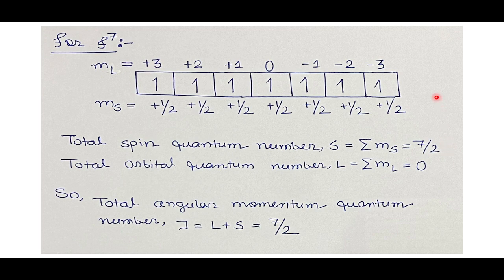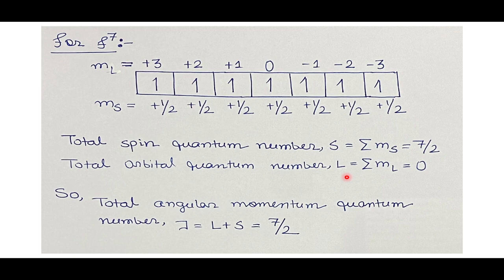But we know that a fully filled or half-filled orbital will have total orbital angular momentum 0, because it will be minus 3 to plus 3. If you sum up all of them, you will get 0. So you got your total S and total L for this question, right? Is it clear up to this? Yes, sir. If you have any difficulty, please ask me.